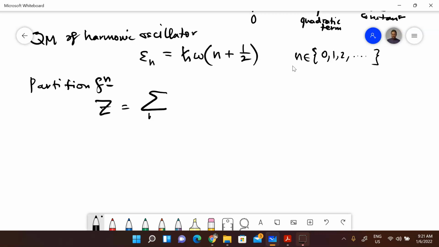So here n can be from 0 to infinity of exp(minus h bar omega (n plus a half) over kBT). Okay, so this is the energy levels used. Normally previously we wrote it as exp(minus epsilon_i over kBT).